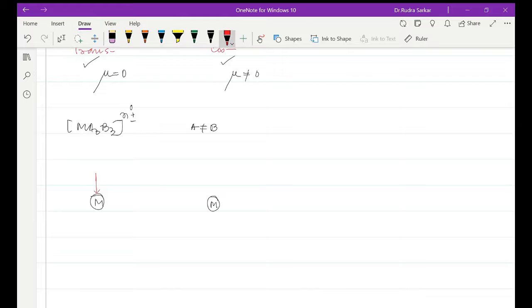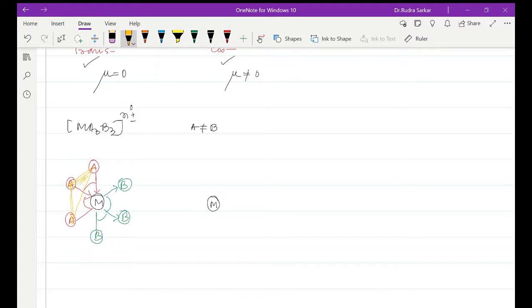Now, if we place the A donor atoms in such a manner that all the A atoms are at an angle of 90 degrees to each other, and similarly all the B atoms are at an angle of 90 degrees to each other, then if we connect the donor atoms, we can see clearly that these A atoms form one face.